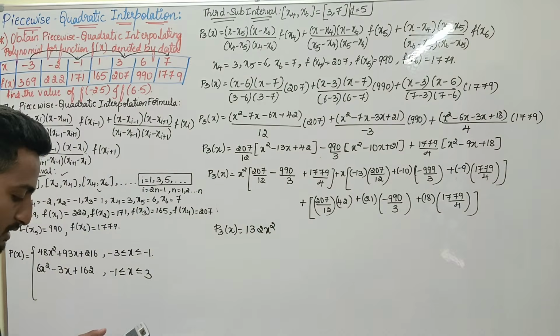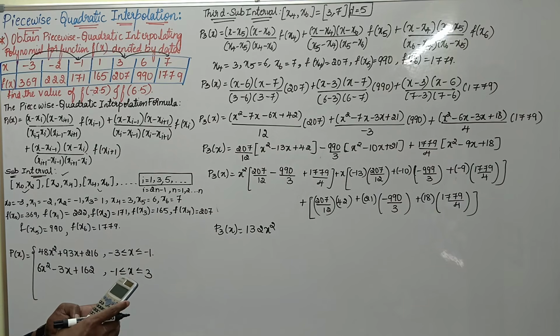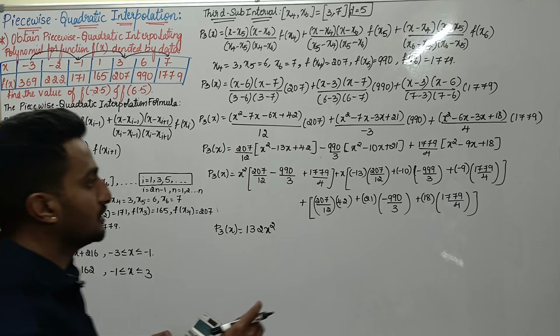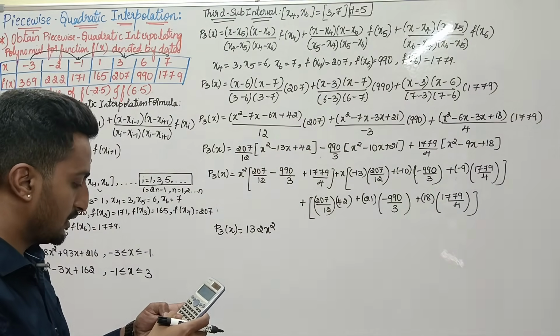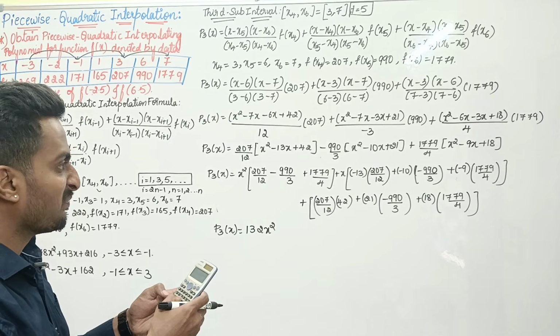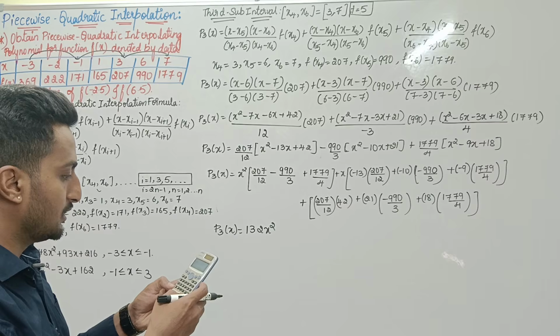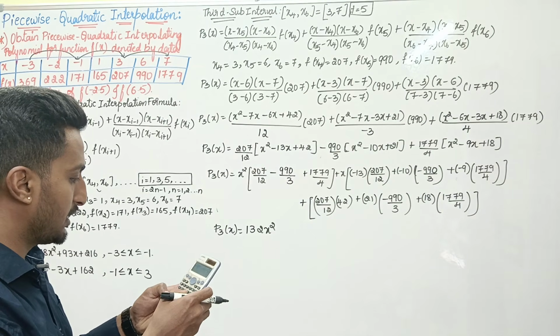The next, let us go with the next part, minus 13 into 207 divided by 12, plus minus 10 into minus 990, not triple nine, that is 990 divided by 3, plus minus 9 into 1779 divided by 4.